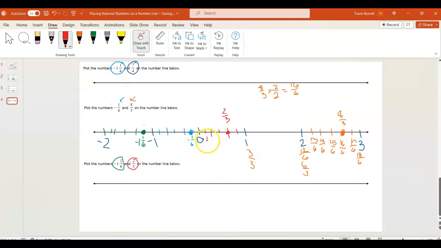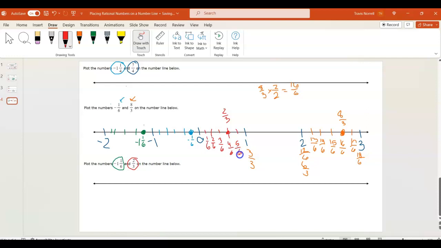One sixth, 2 sixths, 3 sixths, 4 sixths, 5 sixths.